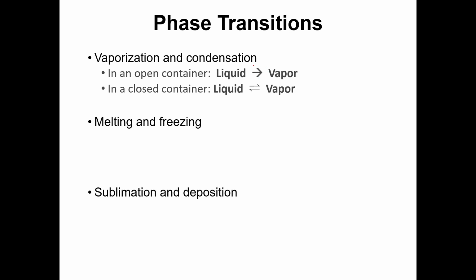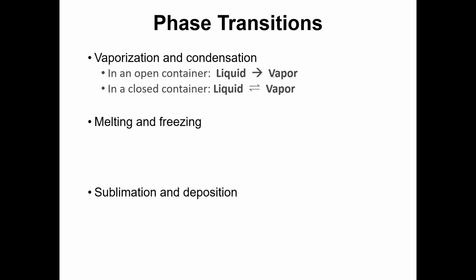So this essentially becomes a one-way phase change. Our liquid turns into vapor, and then the vapor escapes into the atmosphere. As we add enough energy for more of that liquid to turn into vapor, eventually all the liquid turns into vapor and escapes into the atmosphere.